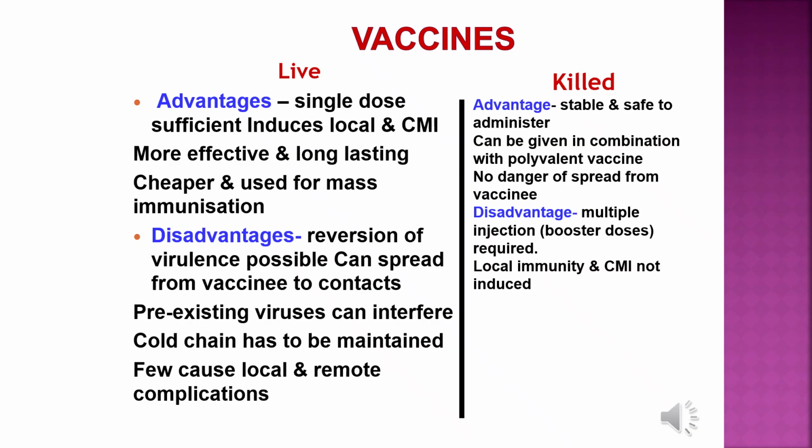Disadvantages of live vaccine: reversion of virulence is possible, it can spread from vaccinees to contacts, pre-existing viruses can interfere, cold chain has to be maintained, and a few cause local and remote complications. Disadvantages of killed vaccine: multiple injections, that is booster doses, are required, and local immunity and cell mediated immunity are not induced.